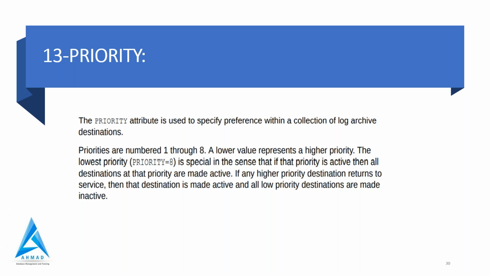And if I set LOG_ARCHIVE_DEST_3 equals standby3, then GROUP 2, PRIORITY 2. So suppose if my standby1 or standby2 fails, then the primary shifts to standby3. Okay, clear? So this is the way you can define that.